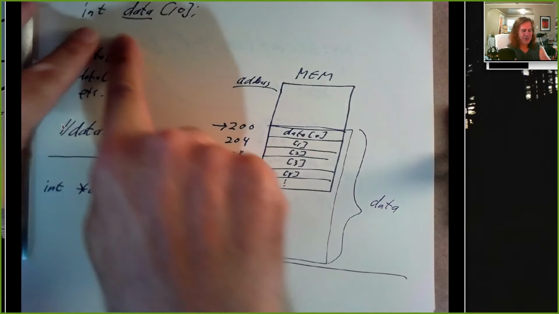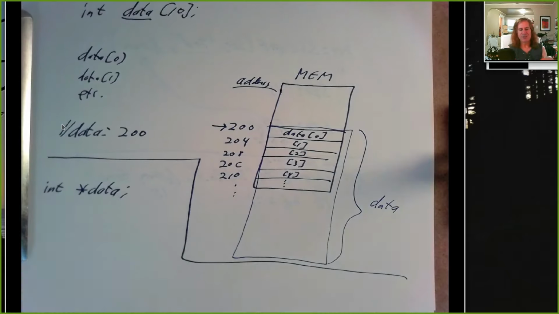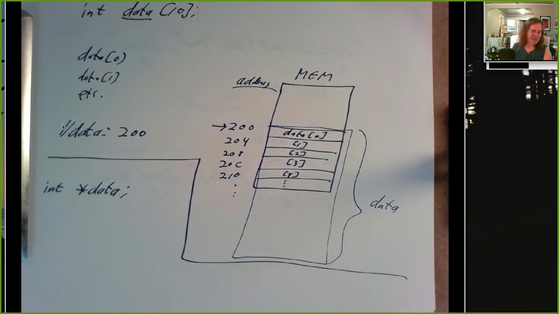All that stuff happens when you do this. Here, all I'm doing is saying data is going to point to an integer. I'm not saying what value it has right now. I'm not saying what location it points to right now. And I'm not doing anything with those locations. I'm not even guaranteeing that there is somewhere in the memory to store an integer or a bunch of integers.